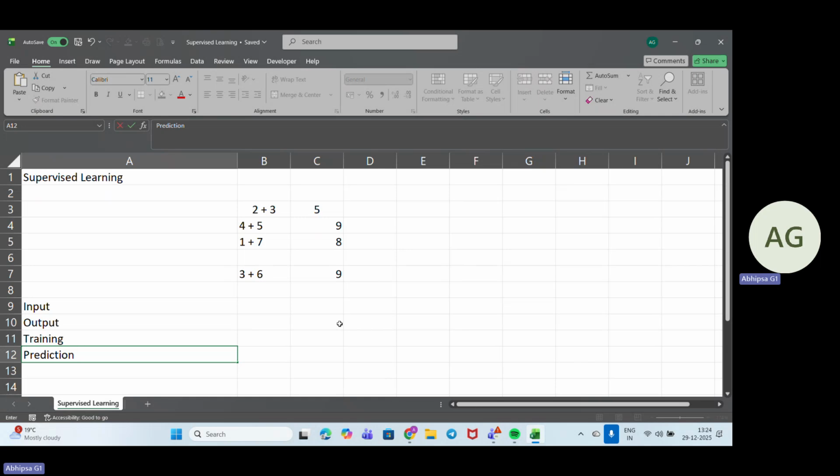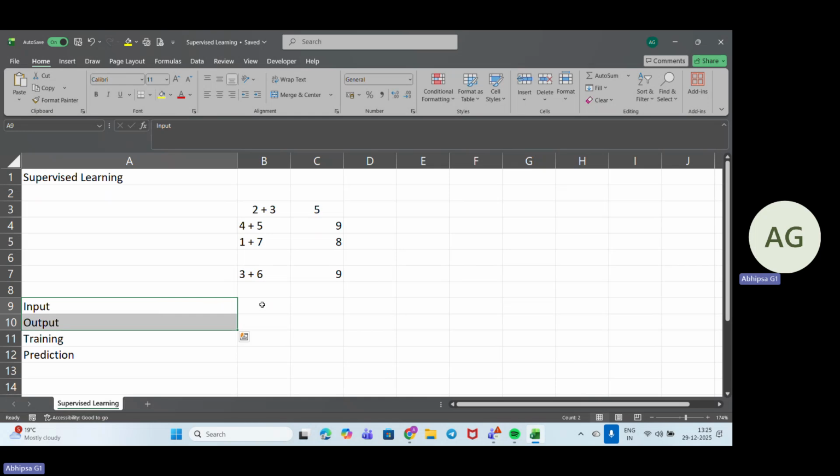So in the initial case, we are giving a set of information, that is the input, with their correct output, like an example, together. So this input and output set we are first giving to our model.